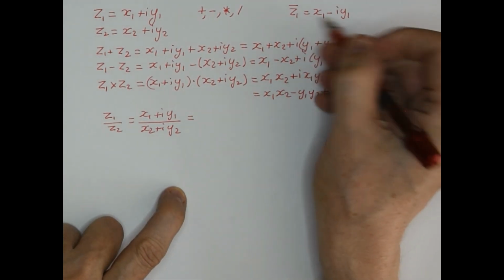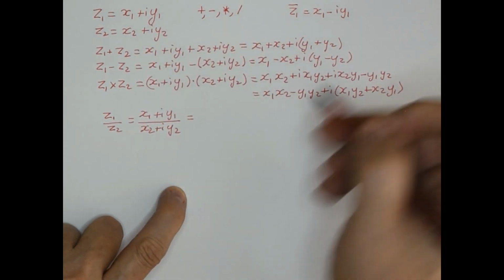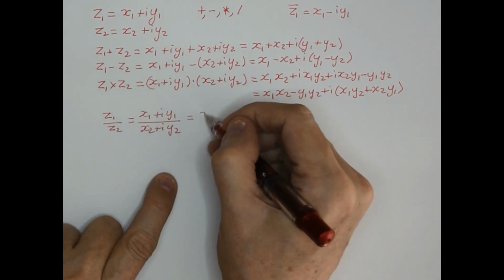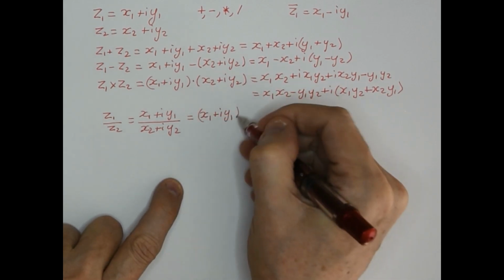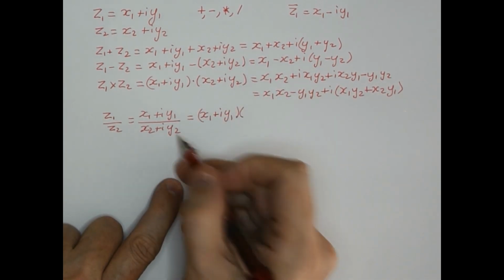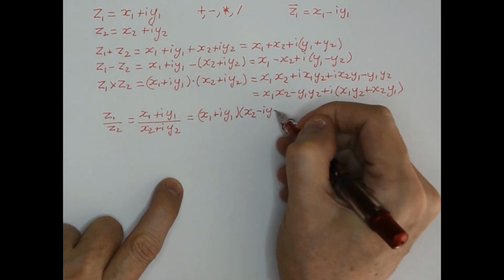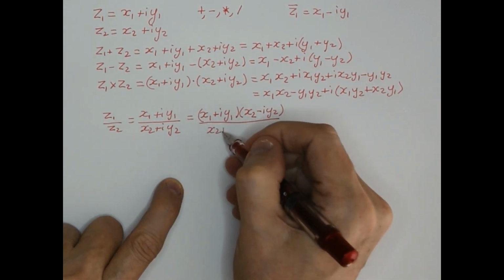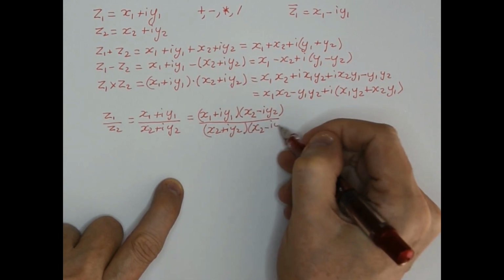So the complex conjugate of a complex number x + iy is x - iy. What we're going to do is simplify by multiplying the top by the complex conjugate of the bottom, x2 - i y2, and we do the same at the bottom: (x2 + i y2)(x2 - i y2).